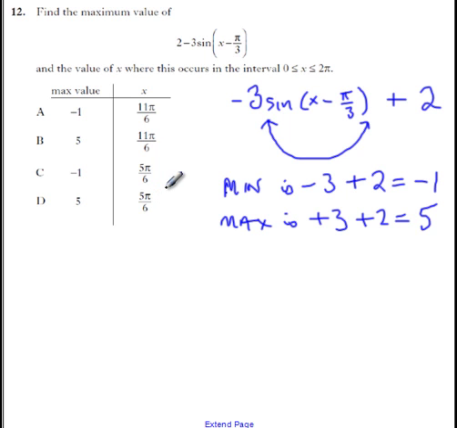So what we'll do is I'll fit in each of these values and see which one gives the maximum. So fitting in a value of x is equal to 11 pi by 6. -3 times the sine of, and in brackets instead of the x, 11 pi by 6 minus pi by 3 plus 2.